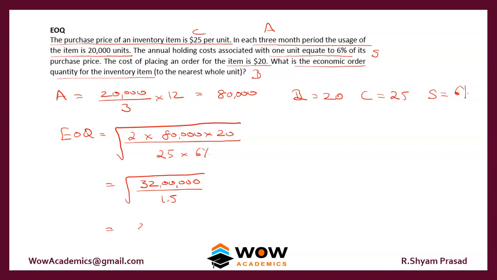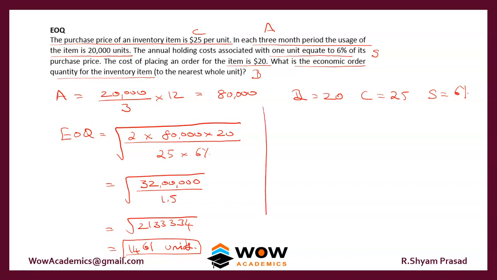So the total answer here comes to 2133334. Again, it's a square root. So EOQ comes to 1461 units. Okay, so this is the EOQ, economic order quantity. Economic order quantity refers to the number of units that has to be ordered in a single order. So that is EOQ.